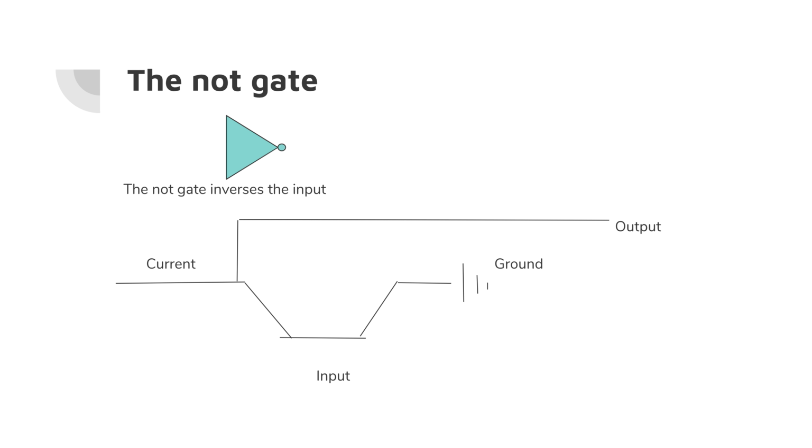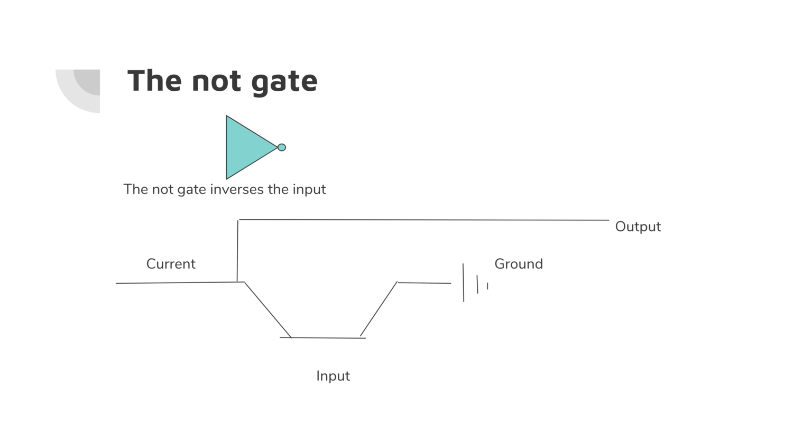So there's the input, and if the input is true, then all the current will flow to ground. Ground is kind of like a black hole. Everything will be sucked toward it. It can't go anywhere else. So it wouldn't go to the output wire if this input is true.